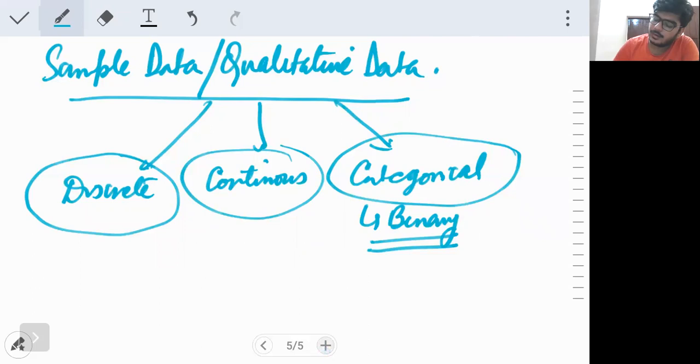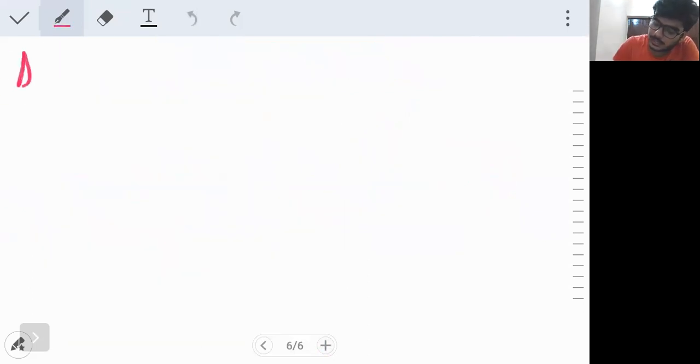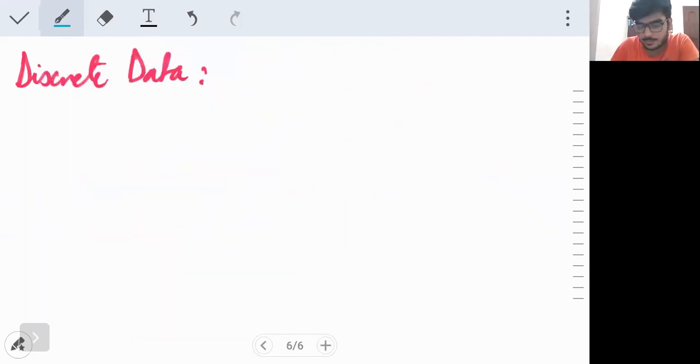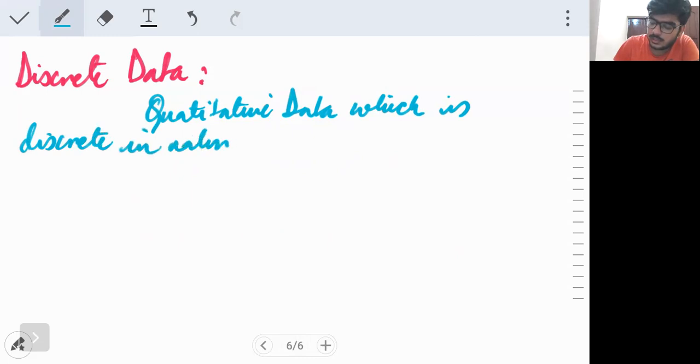So let's define the discrete data. Discrete data is defined as qualitative data which is discrete in nature.